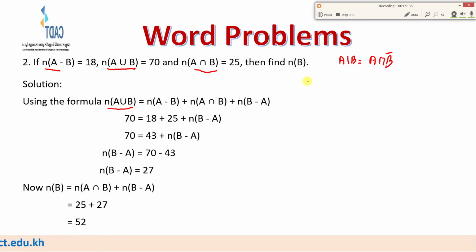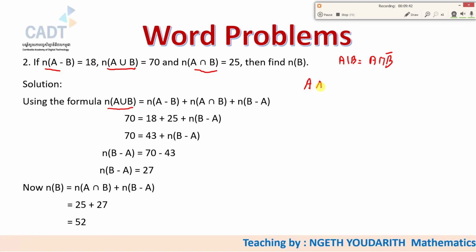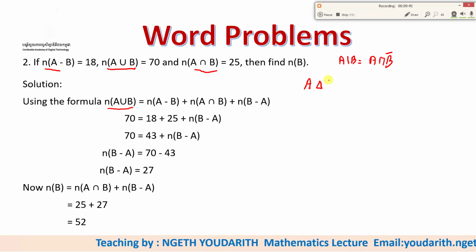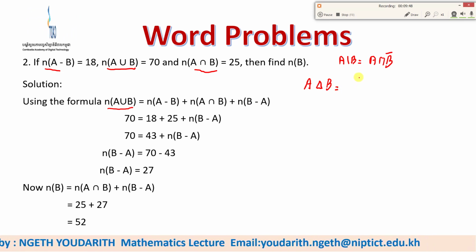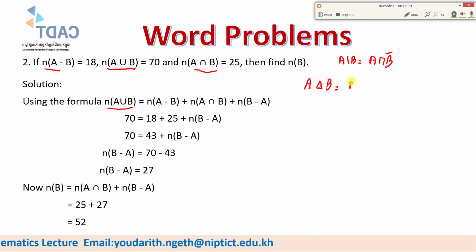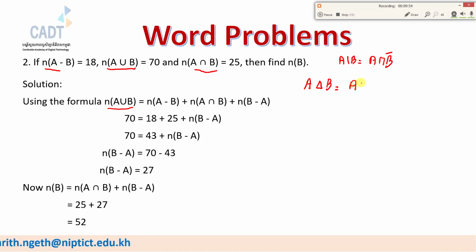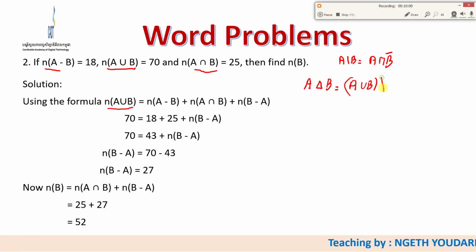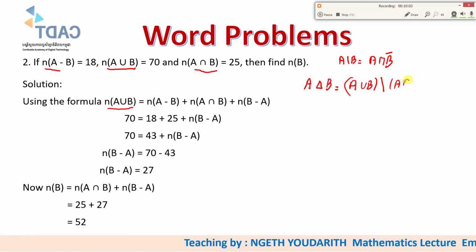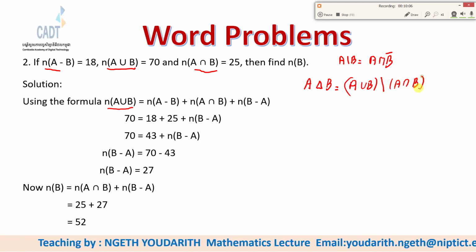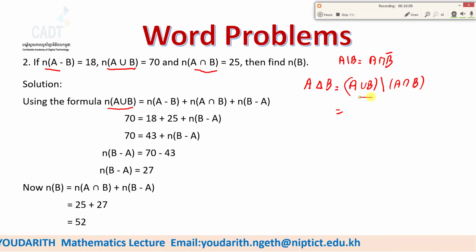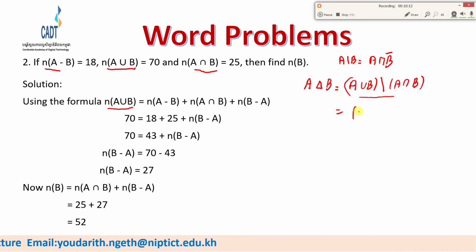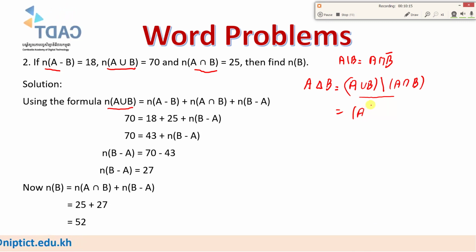Because A symmetric different B equals, for example, A union B different A intersection B. But this one is equal to A, like this one.